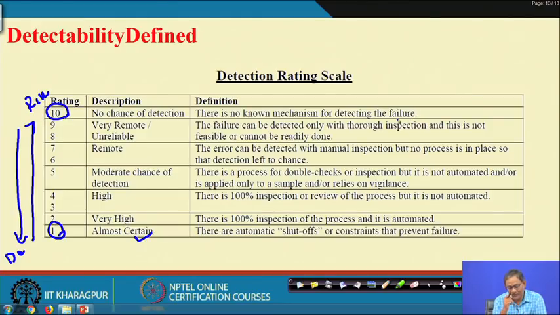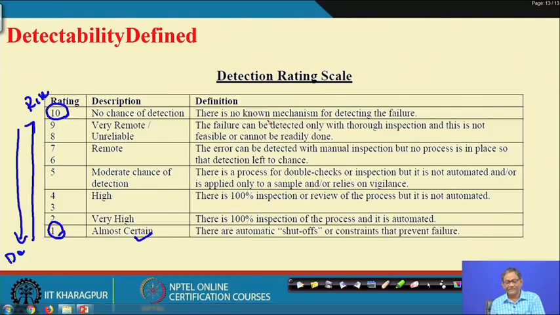Suppose you think of any system where different gases are used, there may be leakage of gas and you have no detector sensors put there which will ultimately give you an alarm that there is a leakage. So, then what will happen? The leakage will not be known, so that kind of mechanism.